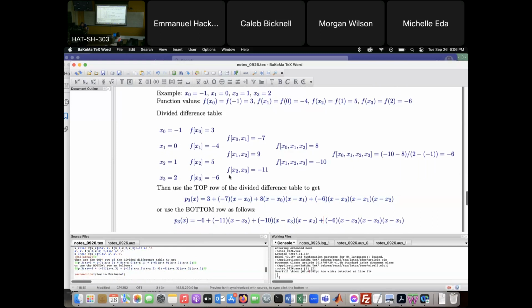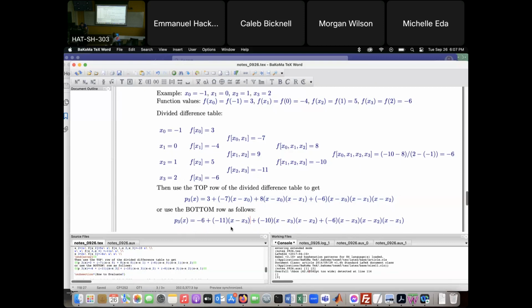So the bottom row I have minus 6, minus 11, minus 10, and minus 6. So I have minus 6 by itself, and then I add on minus 11. But notice the linear factor is different because I'm starting from the bottom. So I have x minus x3. And then I go to the next coefficient, minus 10, and I keep the x minus x3 multiplied by x minus x2, and so on.